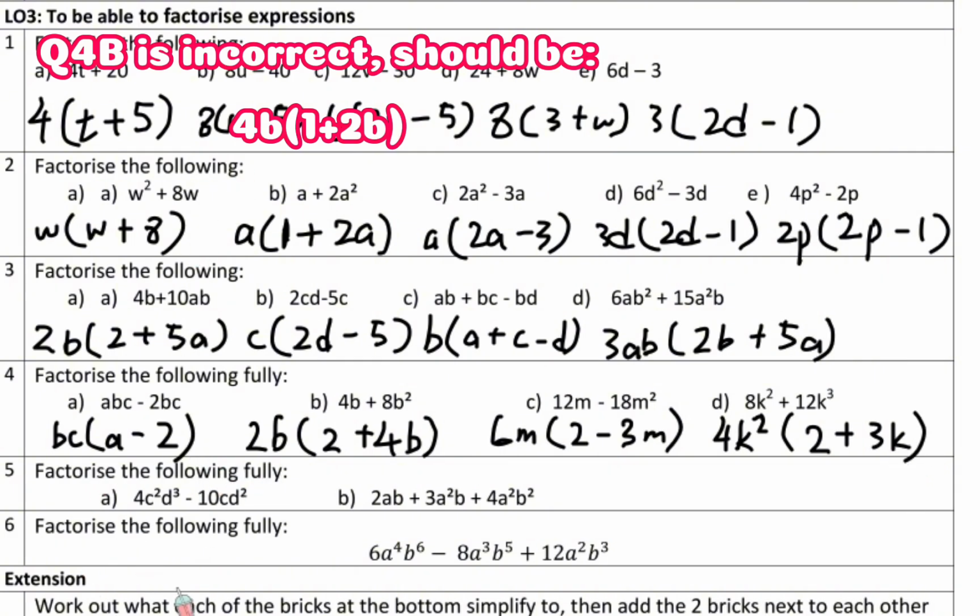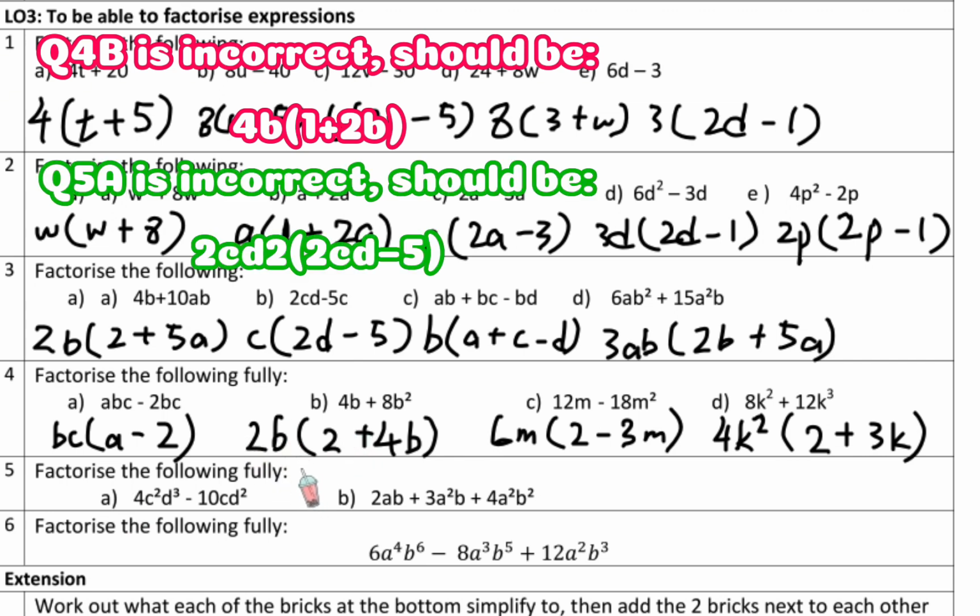Factorize the following fully. For A, we can take 2c and d squared bracket 2c minus 5.